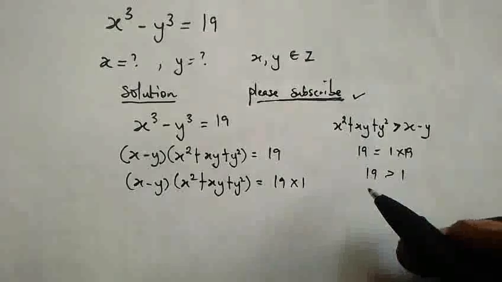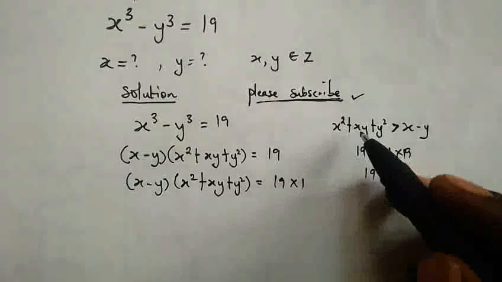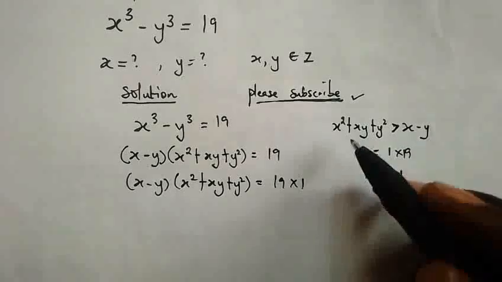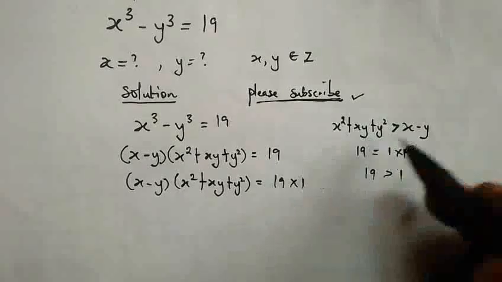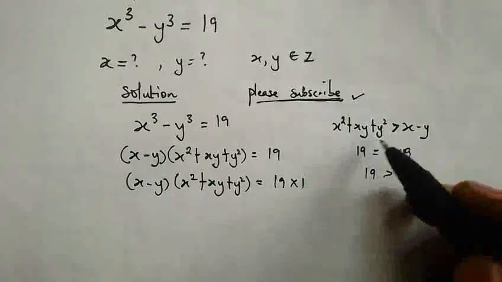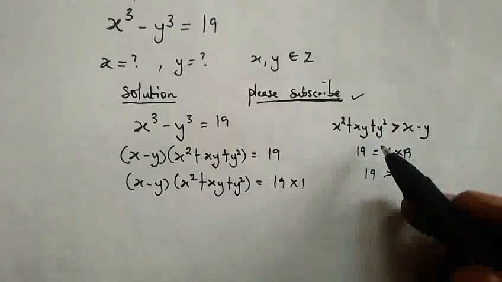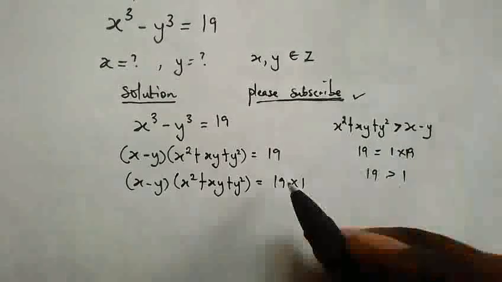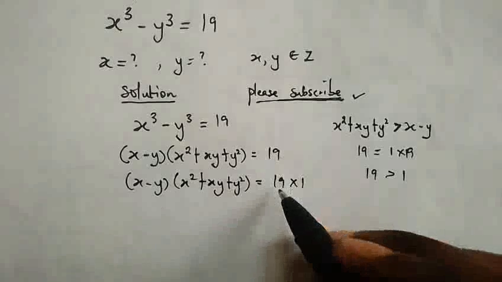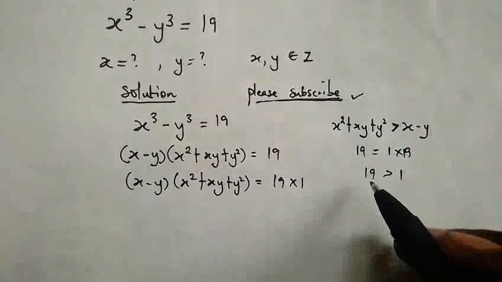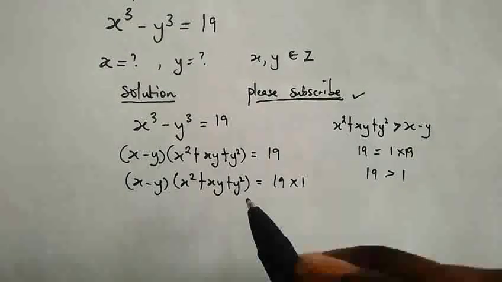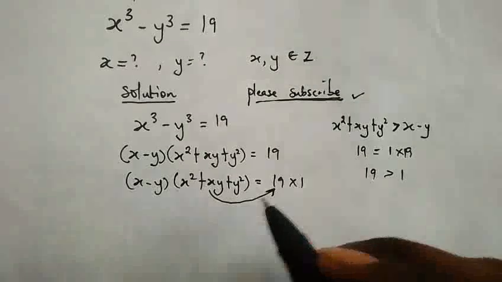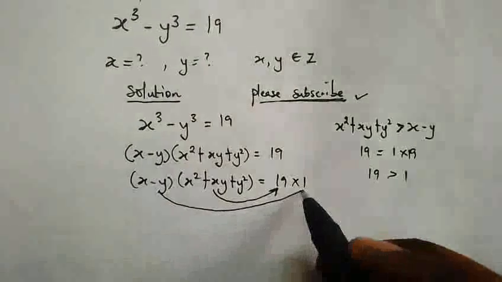Recall when I said that x squared plus xy plus y squared is always greater than x minus y for real values of x and y. If you check it out, you see that the equality holds. So we have to factor this 19 as 19 times 1, having it known that 19 is greater than 1. So we're going to compare as follows: this equals this and this equals 1.